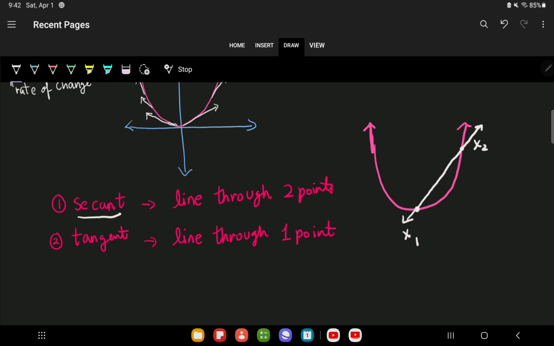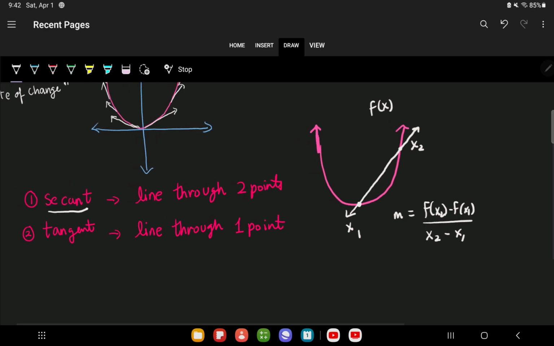Aha! And guess what? Since this is a straight line, we can still calculate the slope in the same way. So slope here is, let's call this f of x, f of x2 minus f of x1, which is this y2 minus y1, all over x2 minus x1.